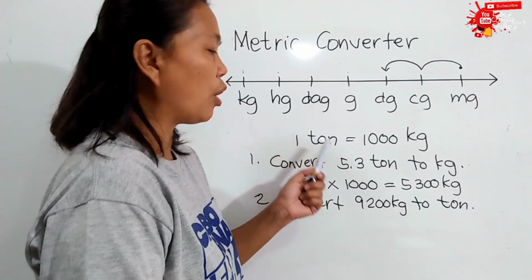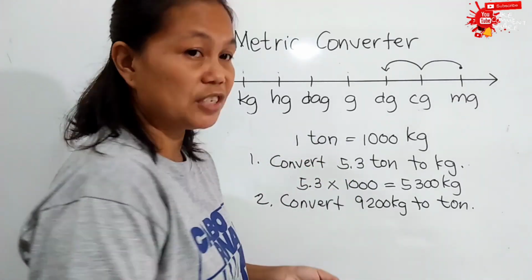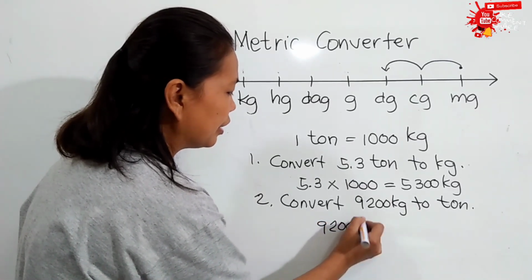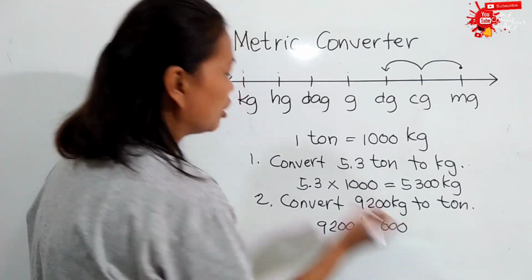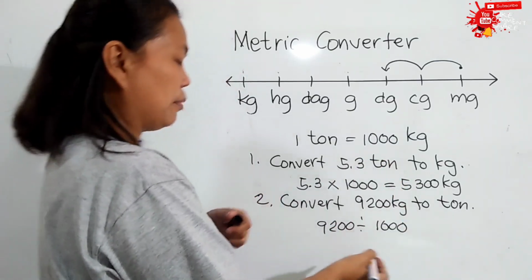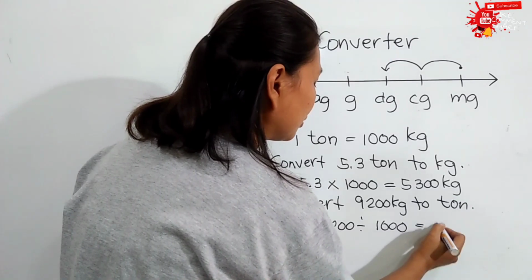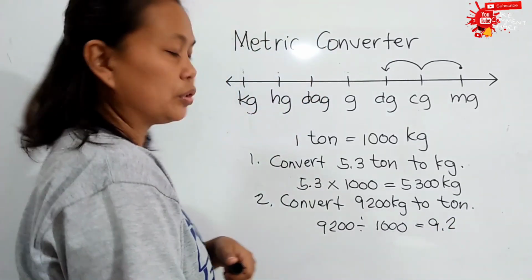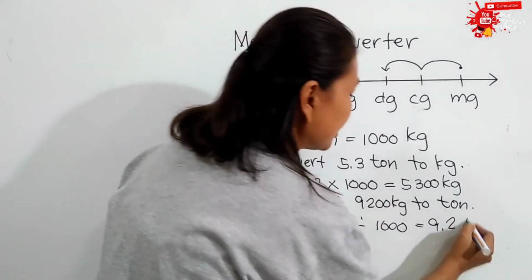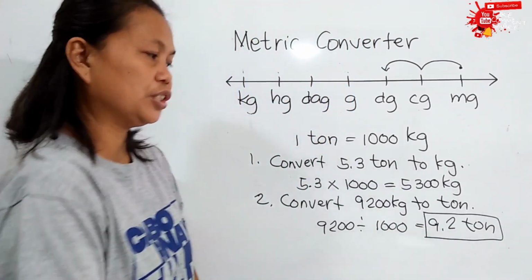If it is the reverse of the units, we will use the operation division. So we will divide 9,200 by 1,000 because 1 metric ton is equal to 1,000 kilograms. 9,200 divided by 1,000 is equal to 9.2. Therefore, 9,200 kilograms is equal to 9.2 tons. So this is the conversion.